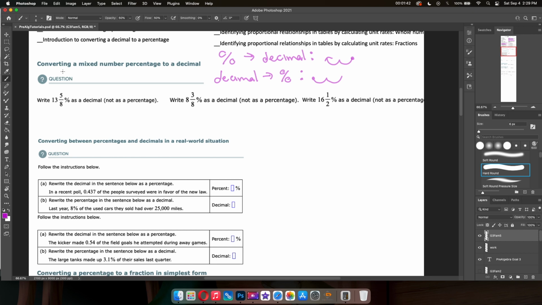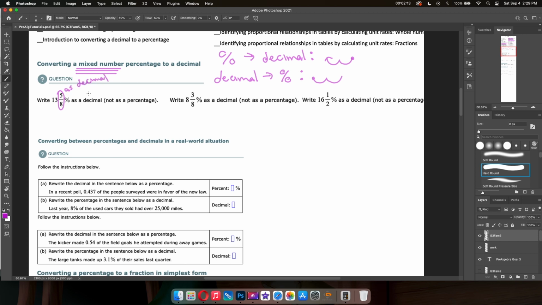Now, for this first one, we're talking about mixed numbers. Earlier chapters in pre-algebra have given you some exposure to mixed numbers. The big thing here, more than anything else, is to use your handy-dandy calculator and put it into a decimal percent. So in other words, what I'm going to do on the calculator, or in my case, my brain, which is a calculator, is figure out what is 5/8 as a decimal.